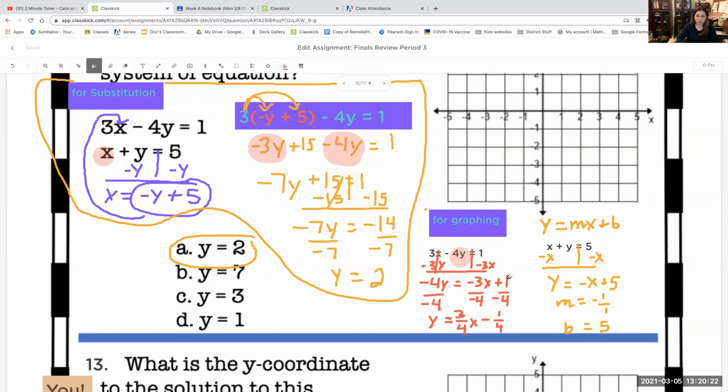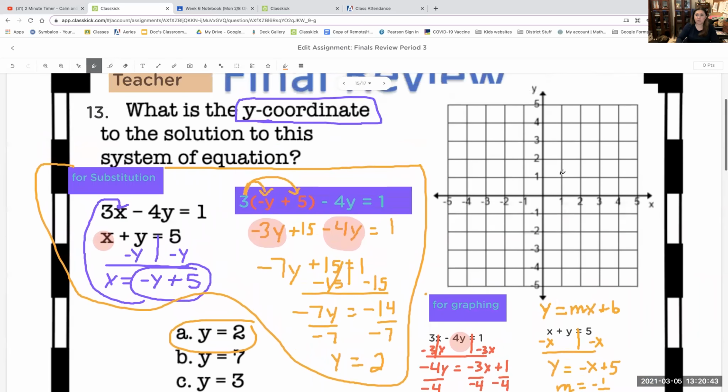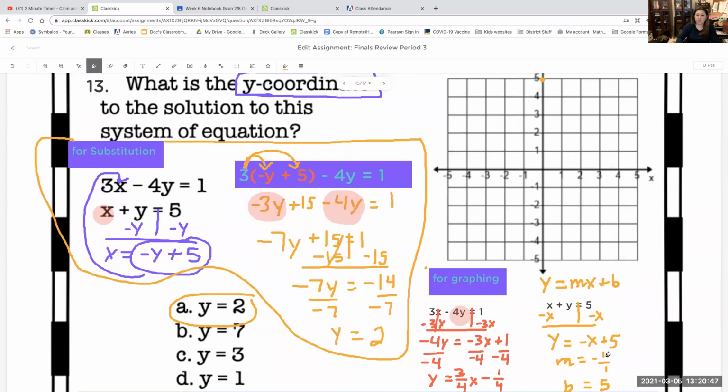So unfortunately, I don't like that because it's going to mess up our graph a little bit. So I'm going to graph this orange one right here. So I'm going to go back to orange. My y-intercept is at 5. Okay. And then my slope is down and 1 to the right.